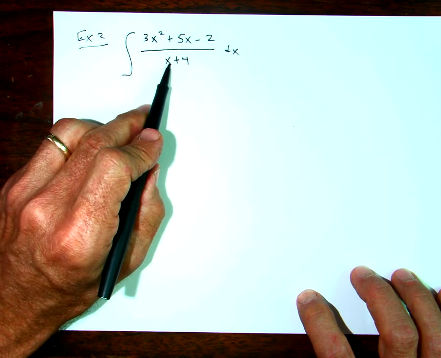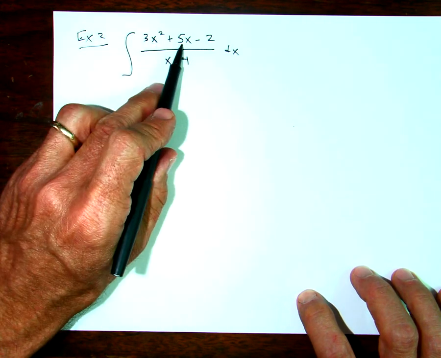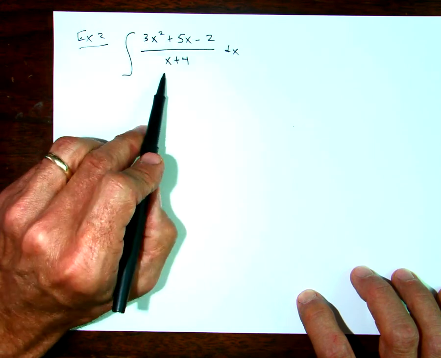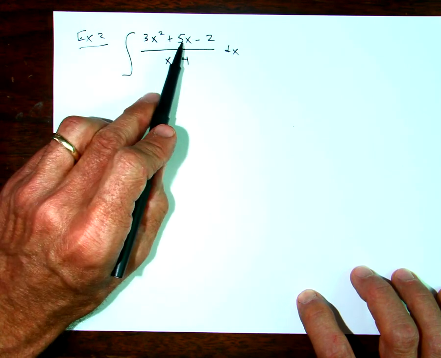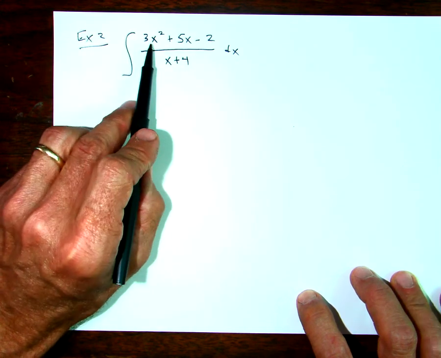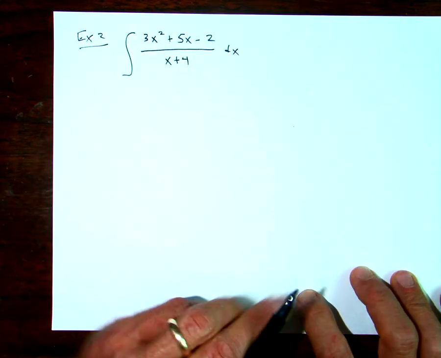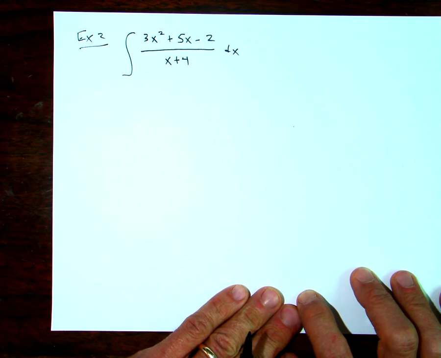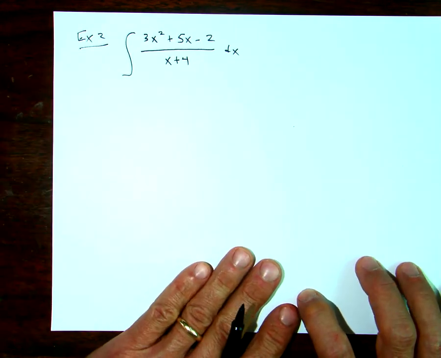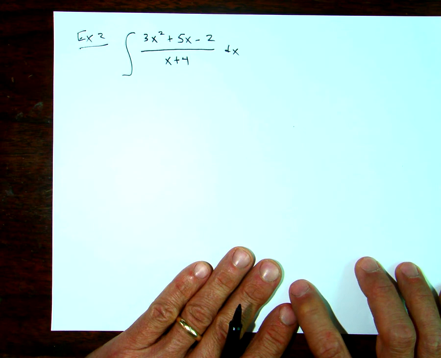We couldn't let u equal this. Not to mention that if I took the derivative of this, I'd get 6x plus 5, and there's not really anything I can multiply 6x plus 5 by to get x plus 4. That's a no-no. So we're going to do something that you probably have worked on in pre-calculus, which is polynomial long division.